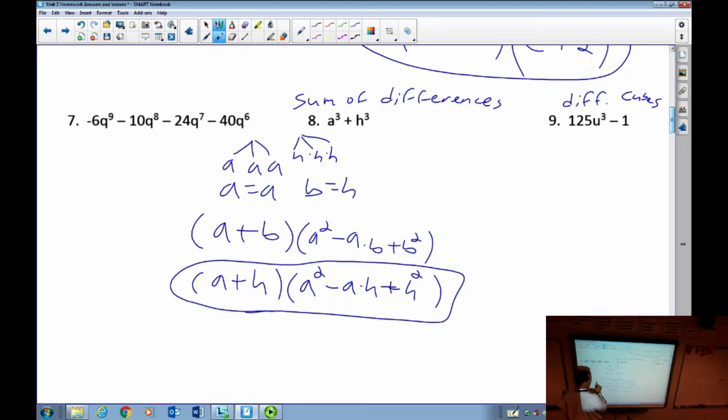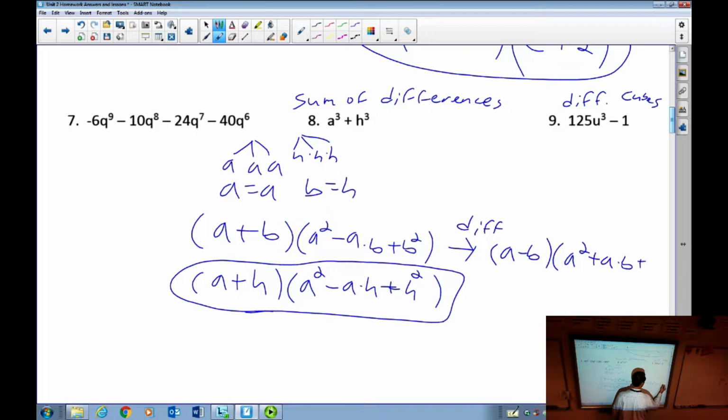And the difference of cubes formula is going to be very similar: A minus B times A squared plus A times B plus B squared. So notice the plus A times B and the minus A times B, and the A minus B and the A plus B.